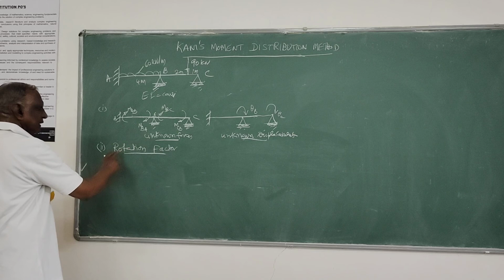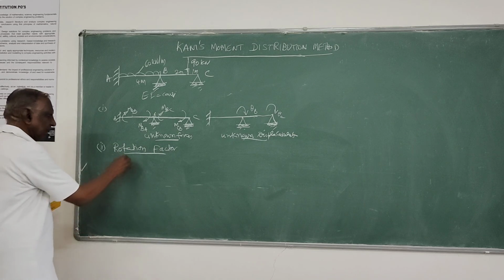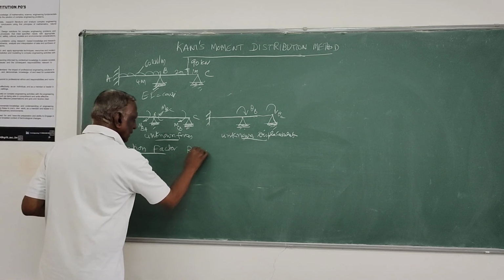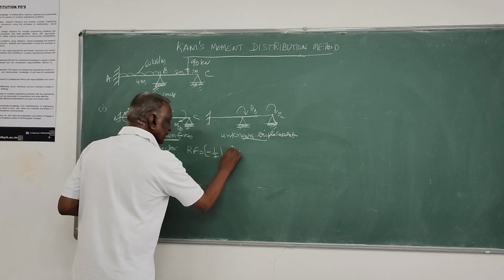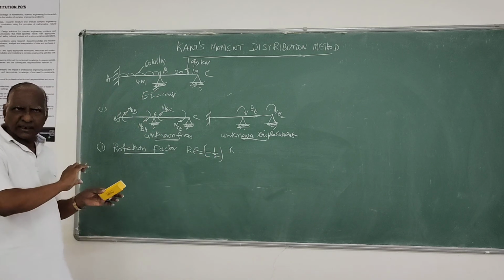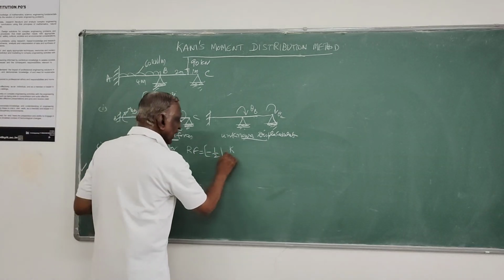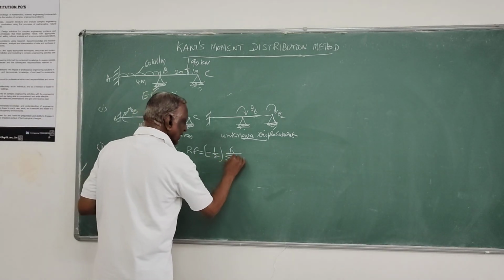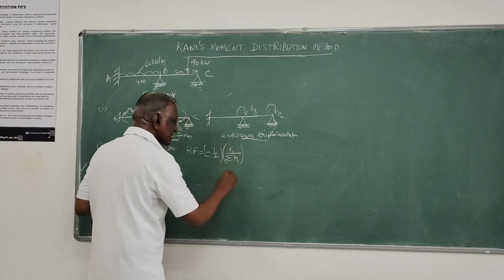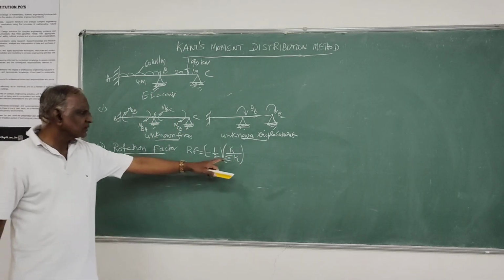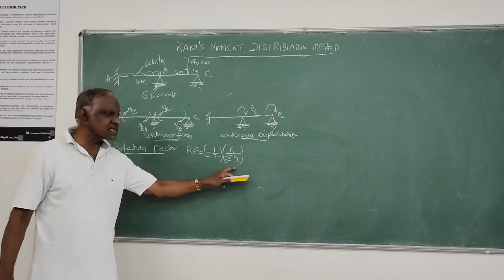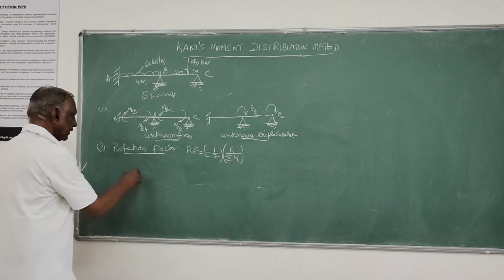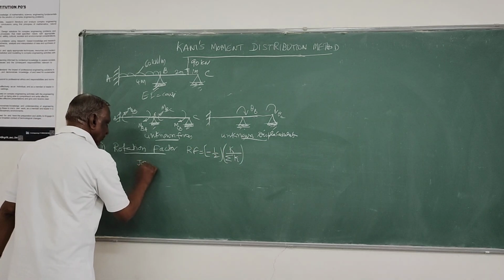Before finding that, we have to find the rotation factor, which is nothing but minus half into K, the stiffness of that member at which we are determining the rotation factor, divided by the sum of the stiffnesses of all members. So this is nothing but your distribution factor. Minus half times the distribution factor, we call it the rotation factor.